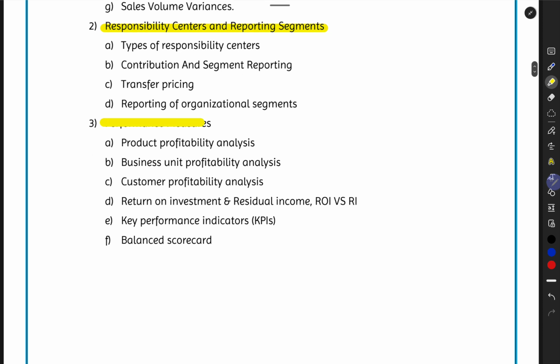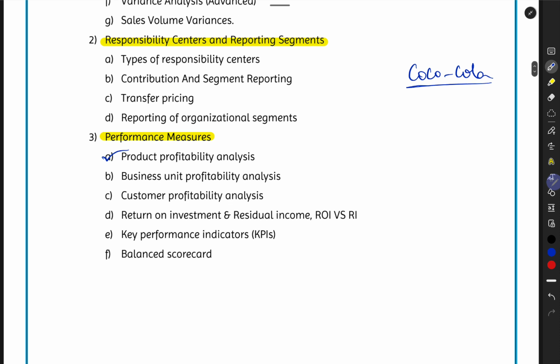And last, you have performance measurement, actual measurement of performance. So here I want you to pay attention to few things. In the performance measurement, we will start with product profitability. Like if suppose Coca-Cola is there. So in Coca-Cola, you have different products. You have Coke, you have Thums Up, Sprite is there, Maaza is there, you have Kinley water, soda.